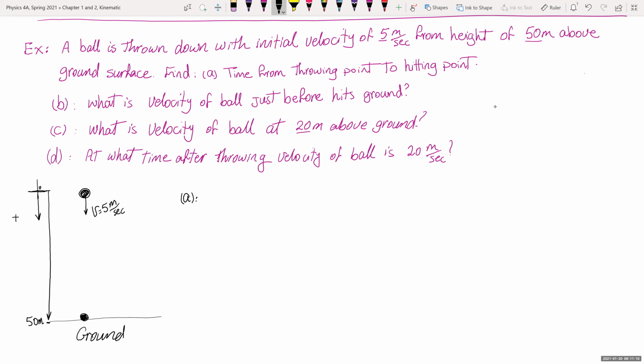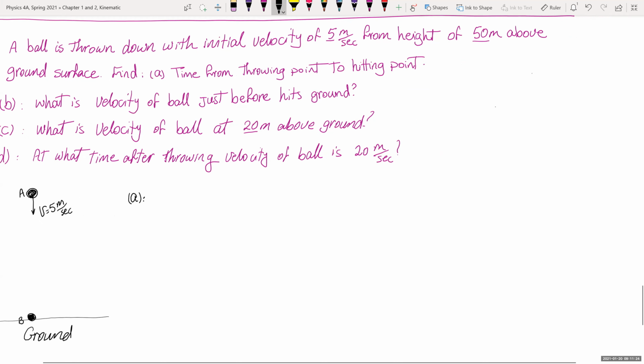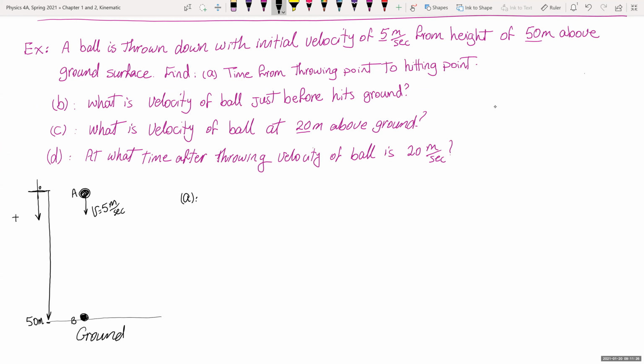Let's always choose this as point A and this as point B. The question says find the time from the throwing point, point A, to the hitting point, which is point B. So this is my path.